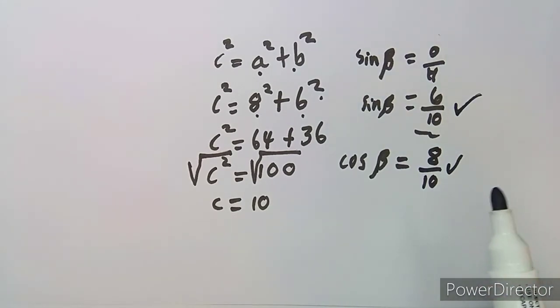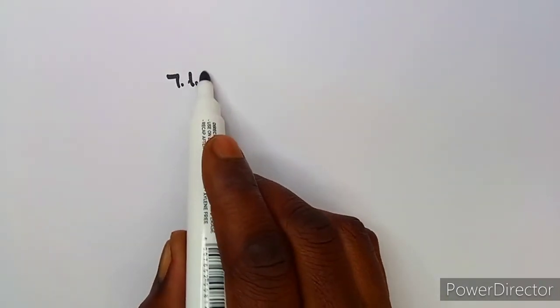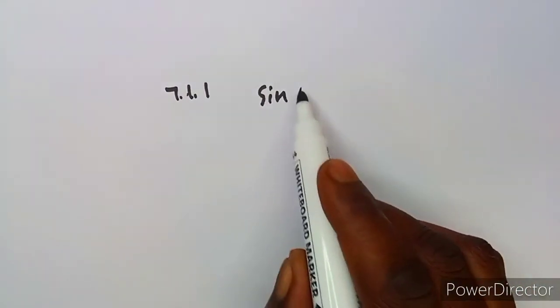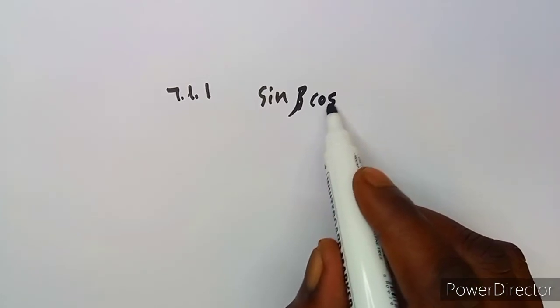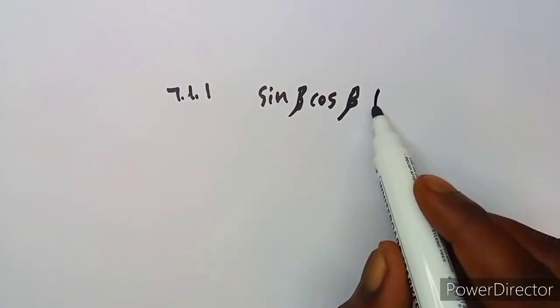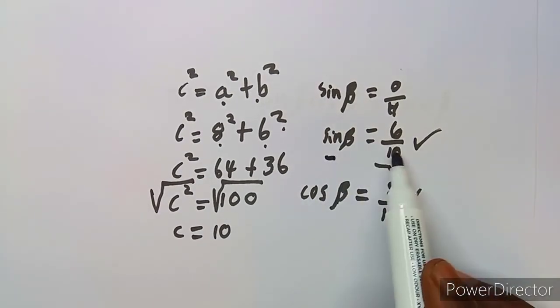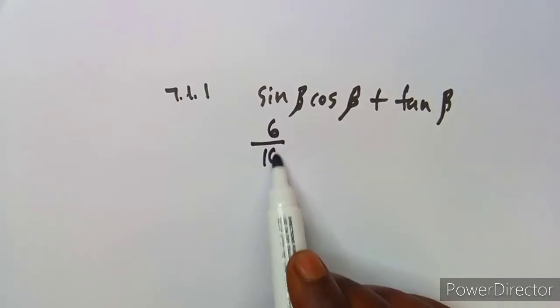So now we can simplify the expression that we are given to simplify on 7.11. Remember that it was sine beta cos beta plus tan beta. This is what you're given to simplify. So it's now a matter of substitution. Let's substitute. Sine beta is 6 over 10, multiplied by cos beta.